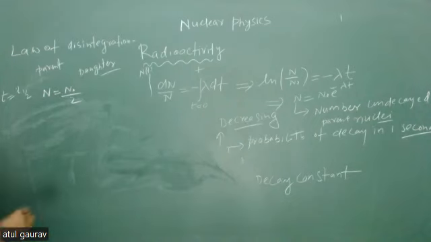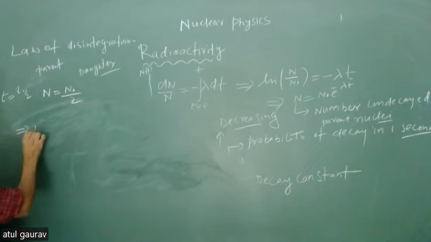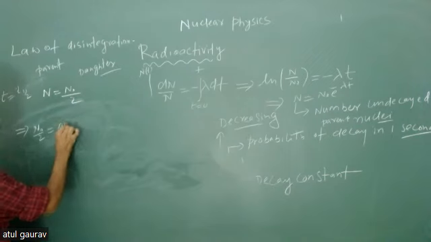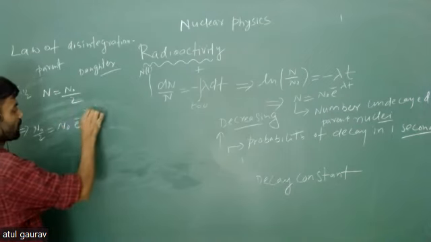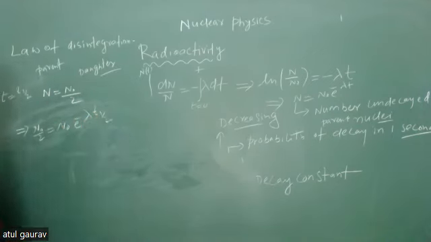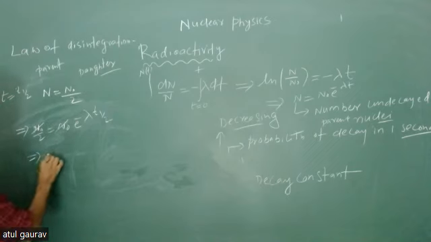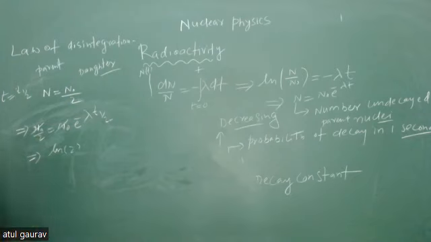Now if you substitute it here, it will be N naught by 2 equals N naught exponential minus lambda t half. Okay, so N naught will be gone. If you take natural log, it will be ln 2. Shall I erase this side?